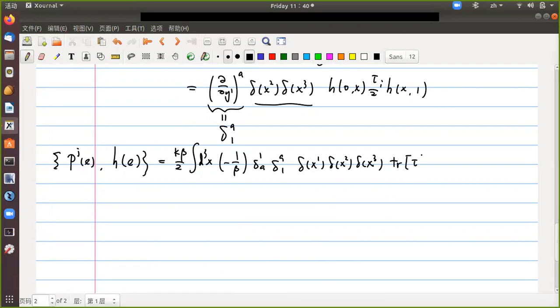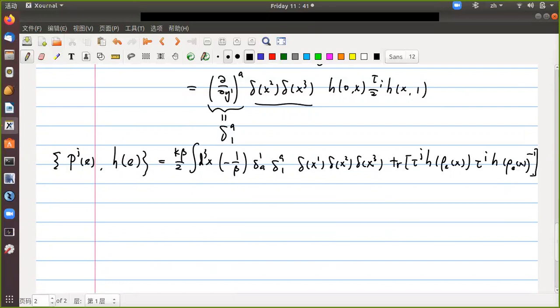This is coming from flux: rho_e(x), tau_I, h rho_e(x).